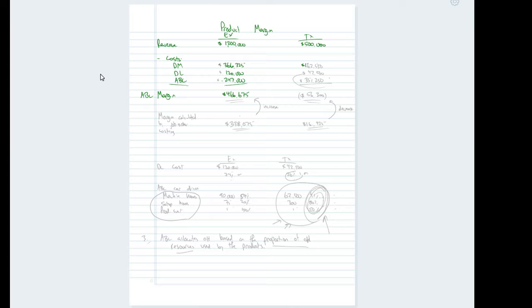And our ABC cost is the $351,250 that we just calculated at the bottom of the last page. And so our margin is going to be a negative $56,300. In other words, according to the ABC way of understanding cost, we are losing money on the TX. Let's compare these to the margin we calculated based on the job order costing.